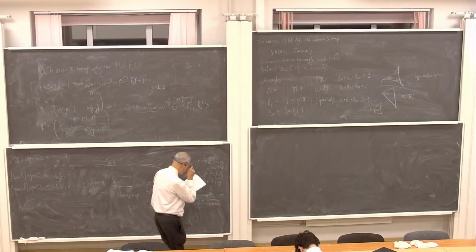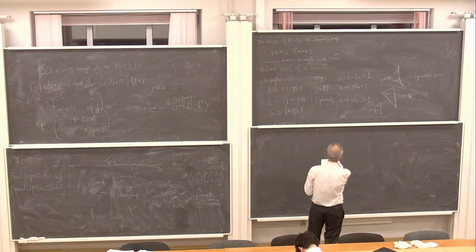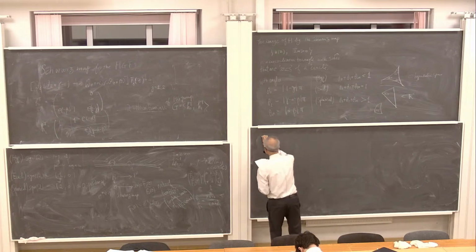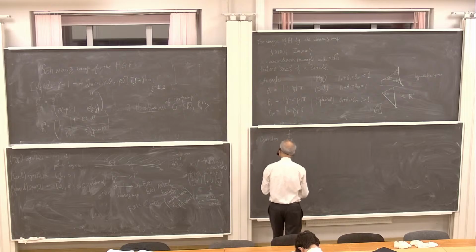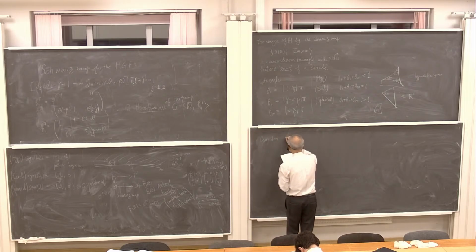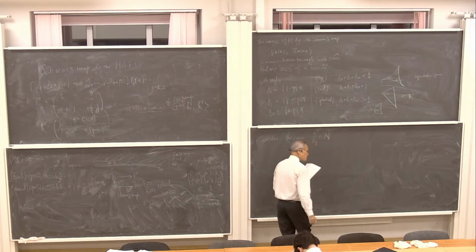So first of all, let us restrict ourselves to consider the case where theta j over 1 is an integer.